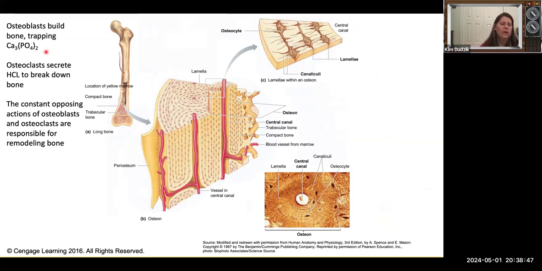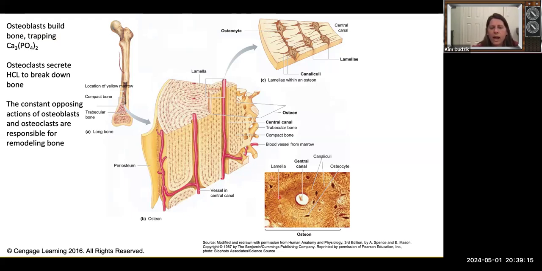Hydroxyapatite crystals mostly consist of calcium phosphate salts. Again, a blast from anatomy: there are 3 cell types in bone. The osteoblasts are the cells of the bone that trap calcium and phosphate and form bone. And then once it does, it forms it in these rings.